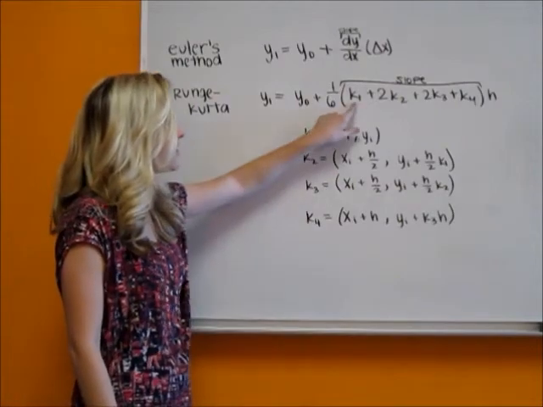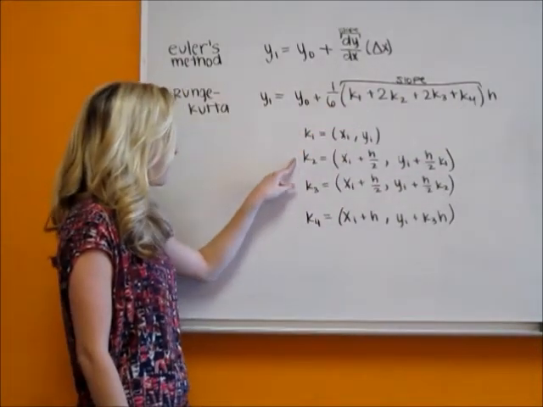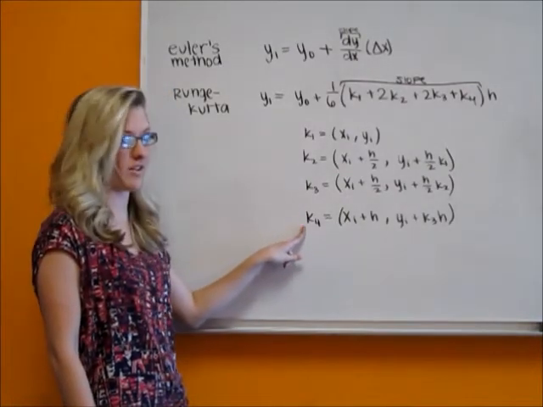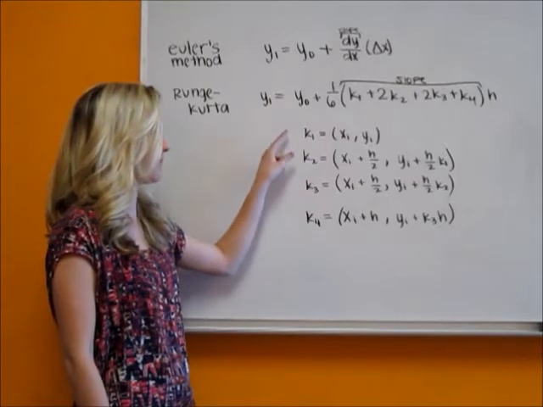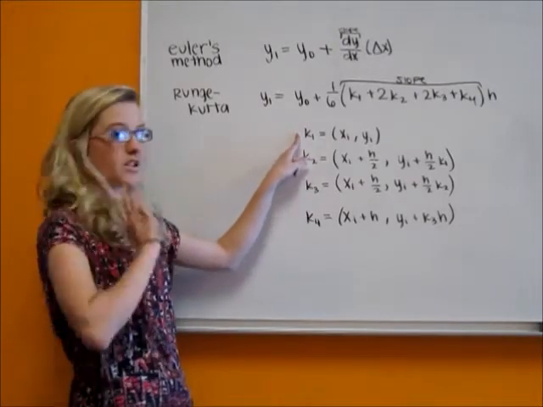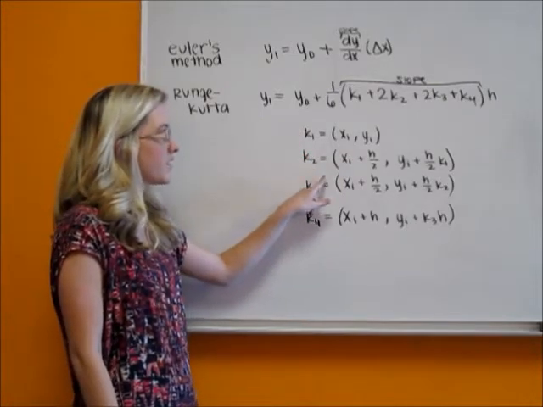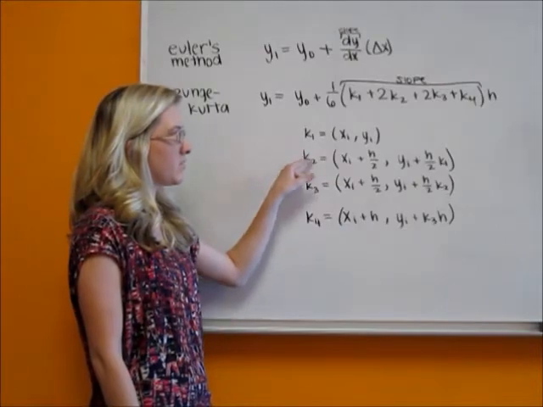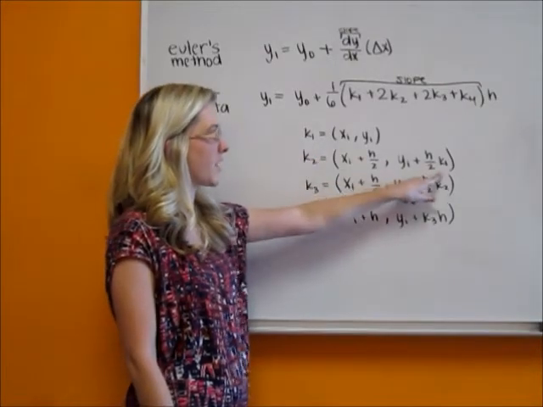And then for these values in here, they came up with all these different values. For this one you just use your initial points, and then you plug it into whatever differential equation you're given. And then for this one, you plug it into your differential equation, but also multiplying it by k1.